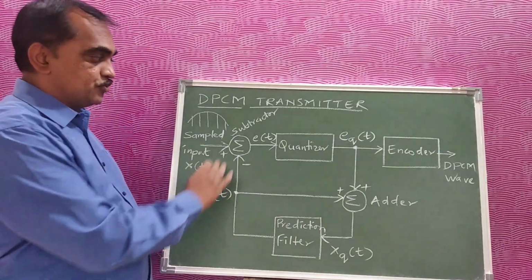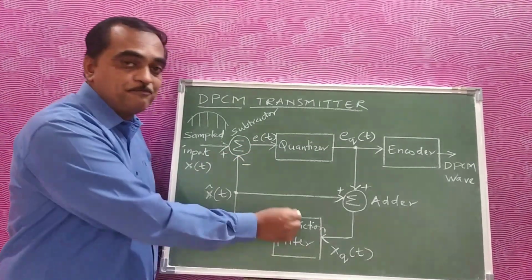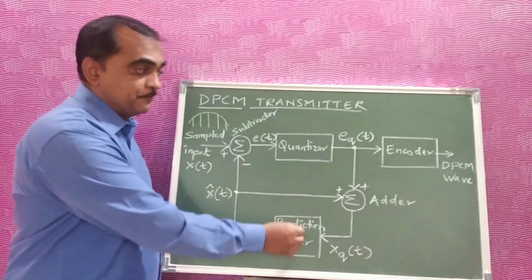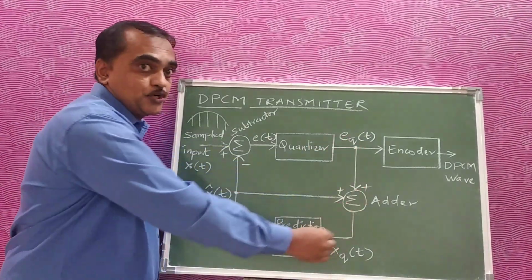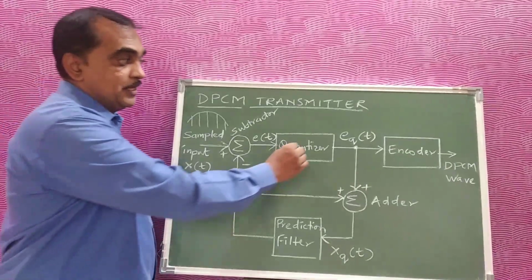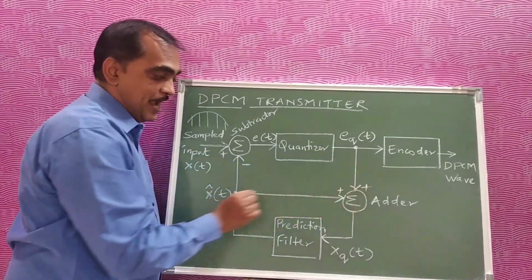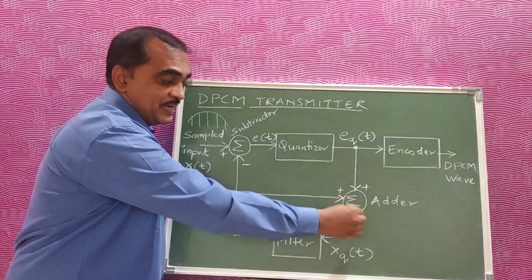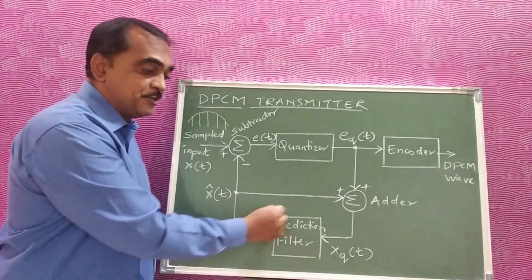Now the most important thing is, what is this prediction filter? The prediction filter gets its input from the previous quantized error. This quantized error and the predicted value are added and given as a quantized value to the prediction filter.